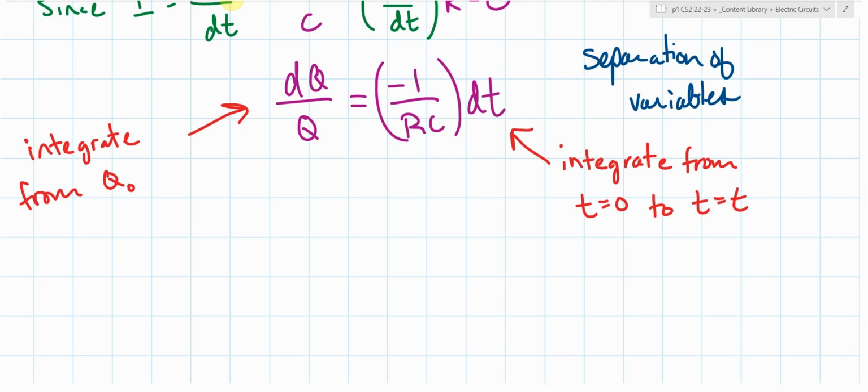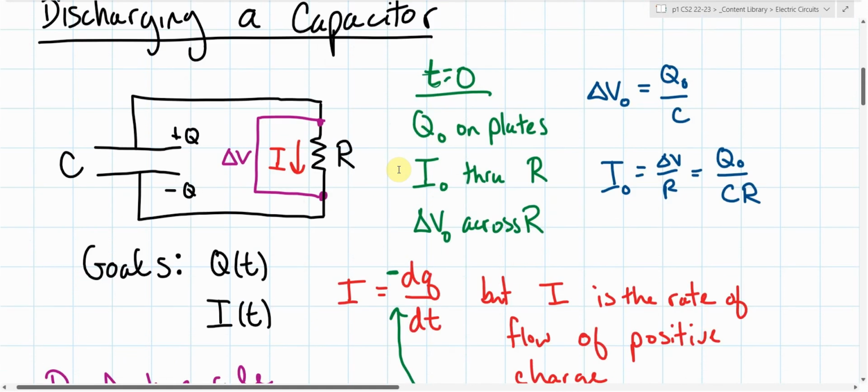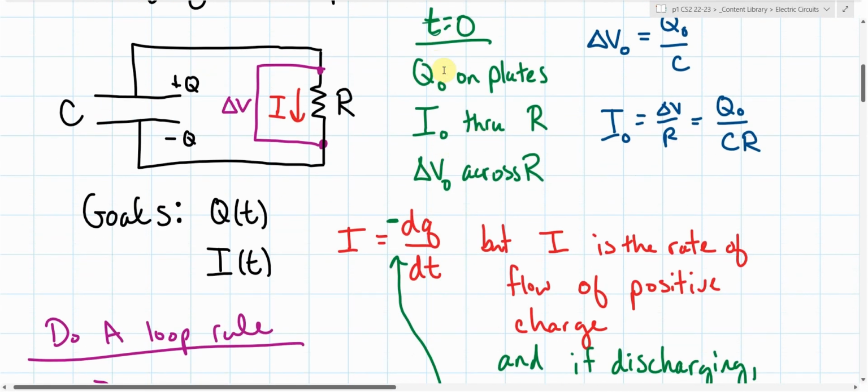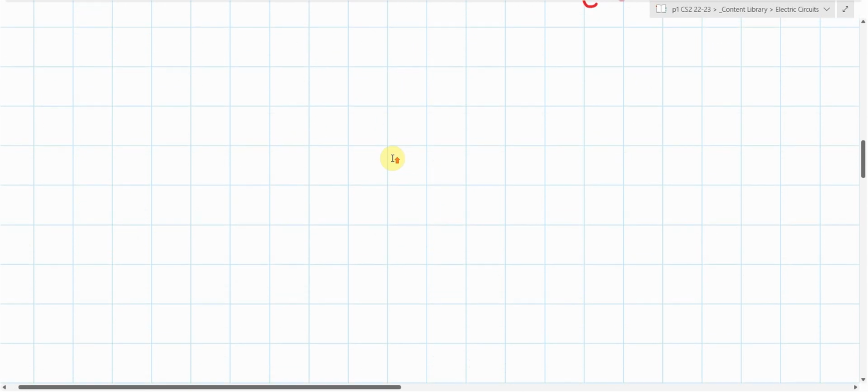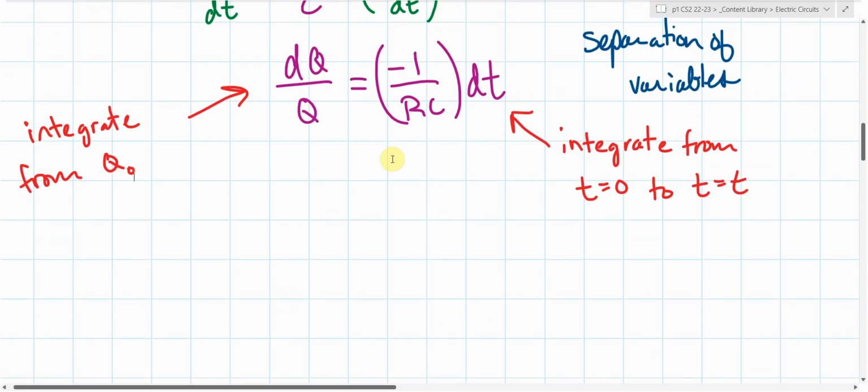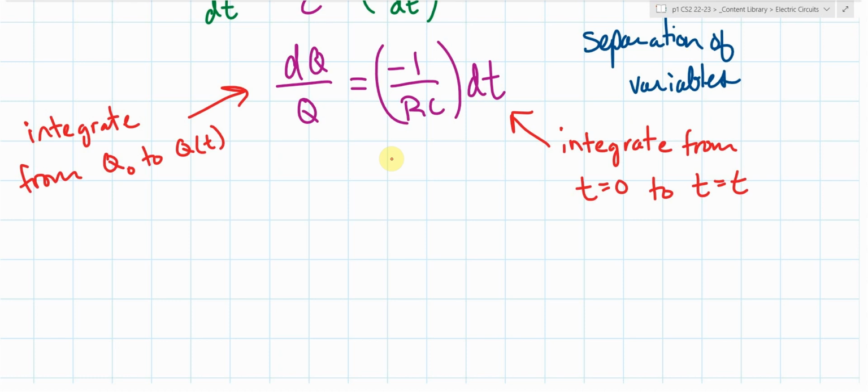That's Q naught. Remember, all the way up at the top, we made that decision: at time 0, it's Q naught on the plates. To whatever Q would be at time t, Q of t. That's what we're going to integrate to.